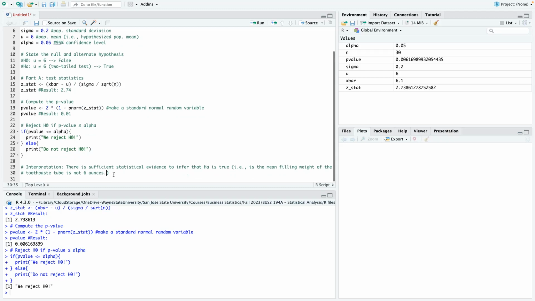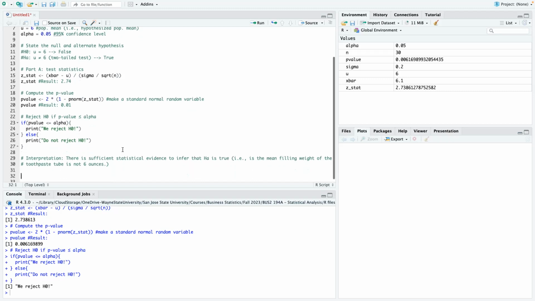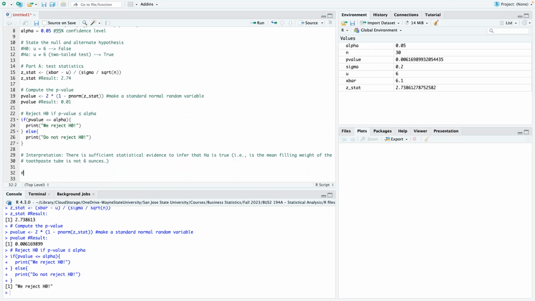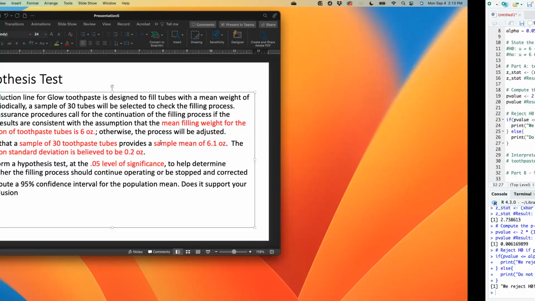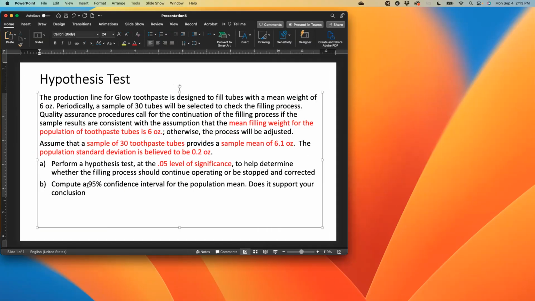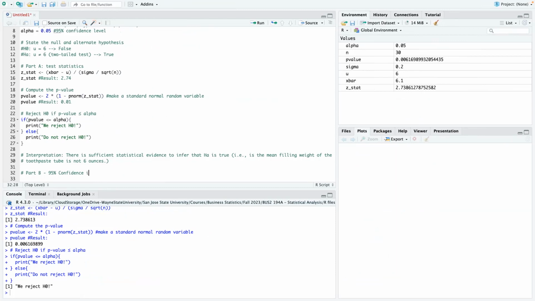So that's what it is. So that basically answers part A, right? So let's look at part B now. So part B is asking us to compute the 95% confidence interval for the population mean, right?